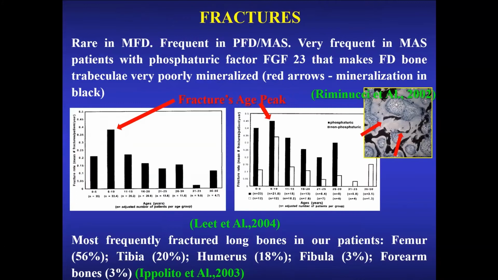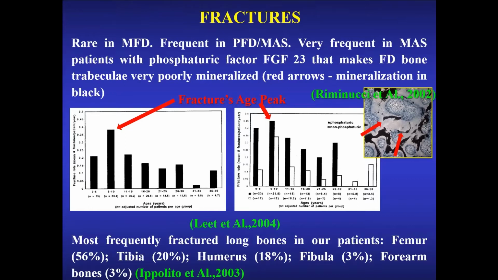Fractures are rare in monostotic fibrous dysplasia, but frequent in polyostotic fibrous dysplasia and McCune-Albright syndrome, and they are very frequent in McCune-Albright syndrome patients with phosphaturic factor. Literature has shown that the fracture peak in those patients is between 6 and 10 years of age.